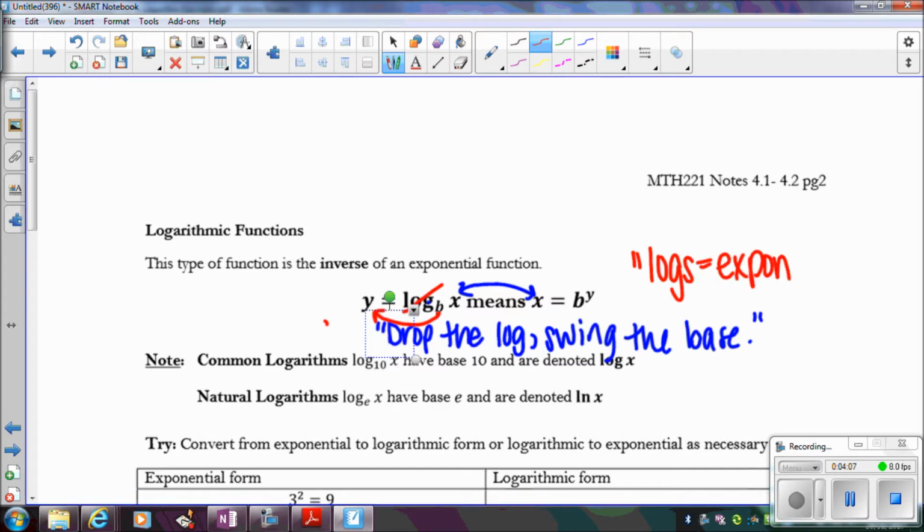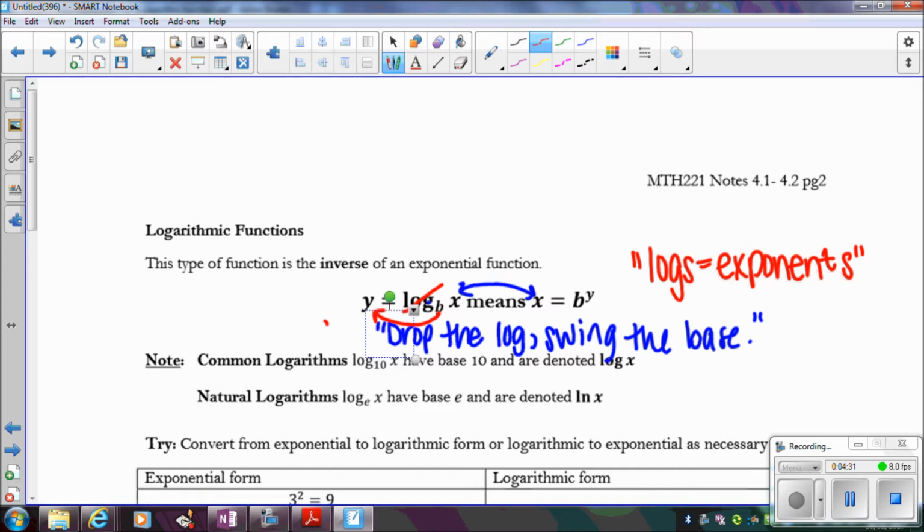So instead of saying all of what I just said, meaning what would I have to raise b to, what power, what exponent do I raise b to get x? That's exactly what this is saying. Instead of saying that, we just say what's log base b of x, and that's exactly what it means. It means what's the exponent.